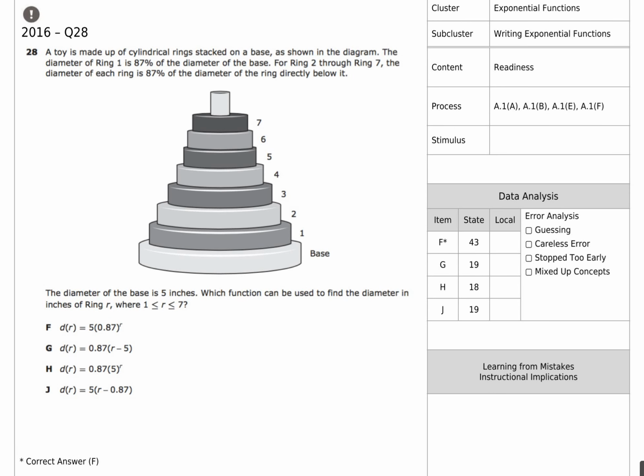This one is a good example of how it's saying. So we see that it has a base and each one is going to be smaller. And it's saying ring 1 is 87% of the base. So here it's not saying that it's decreasing by 87%. So we know it's decay. Each one's getting smaller. We're working our way up and they're getting smaller. Y is equal to our base is 5.